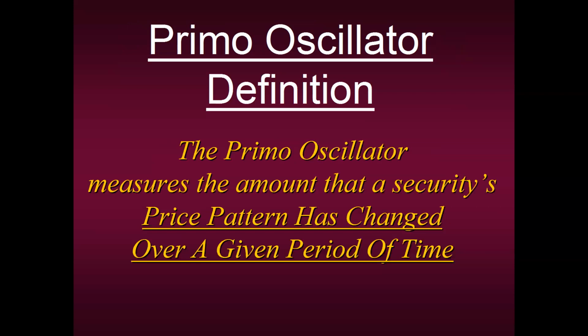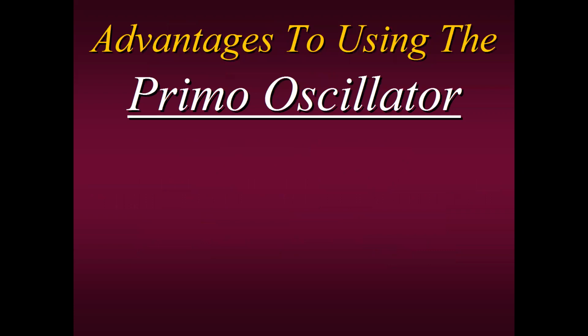And then what we're doing is measuring how many times and where exactly that pattern has occurred over a given period of time. It's entirely different from the way most oscillators are based. And that's why I think we've come up with something entirely new and very innovative that gives you very, very consistent results. So what are the advantages then to using this new oscillator based on different parameters?